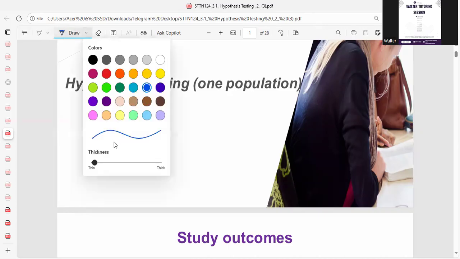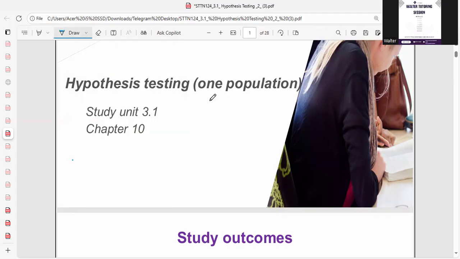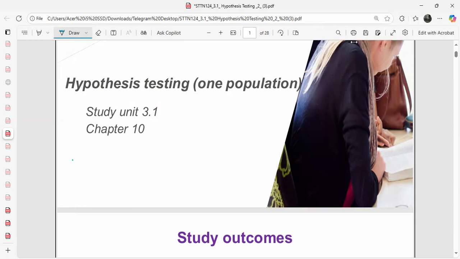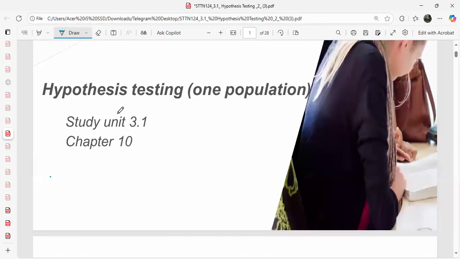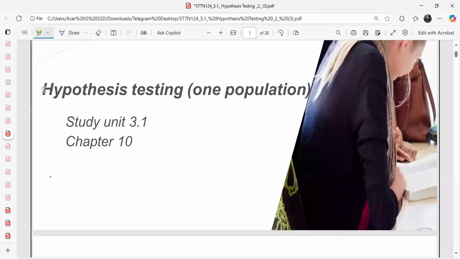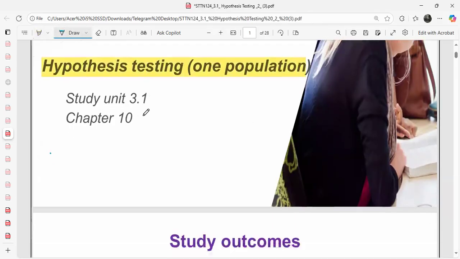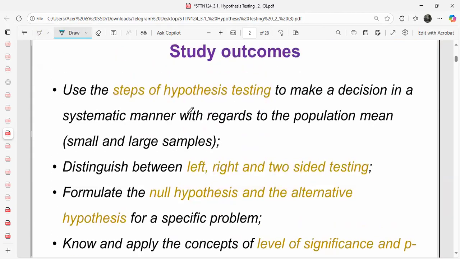With hypothesis testing, remember we're going to use the steps of hypothesis testing to make a decision in a systematic manner with regards to the population mean. With that population mean, it's either the small sample or the large samples.